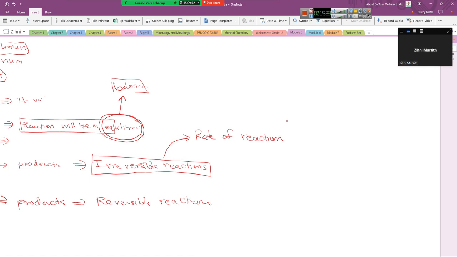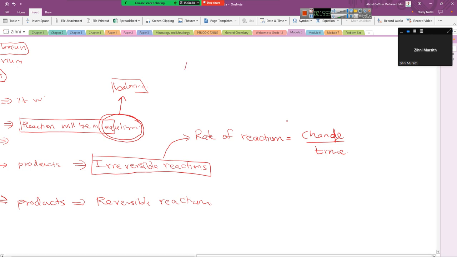How fast a reaction occurs. So basically the rate of reaction is determined using the equation change divided by time. So in a specific time, how much change is happening in a chemical reaction.